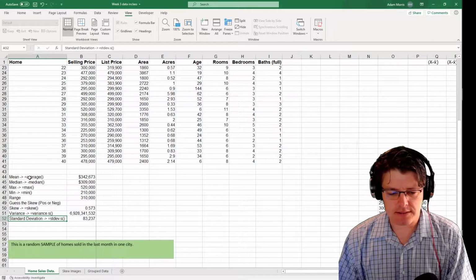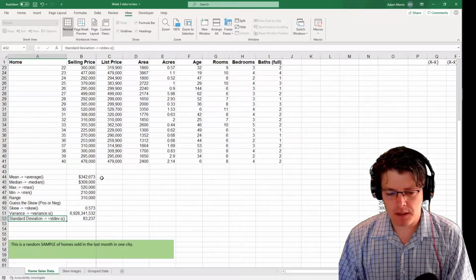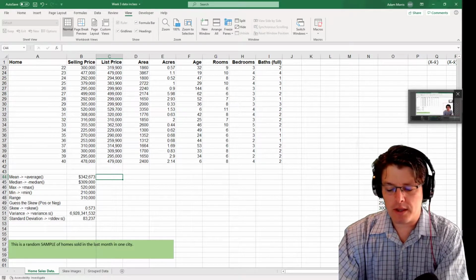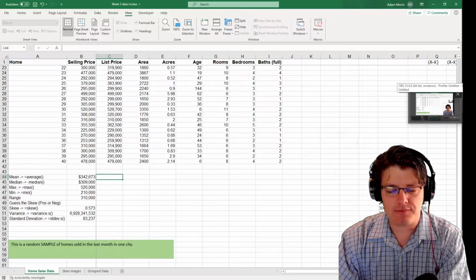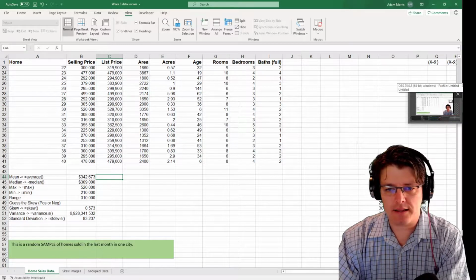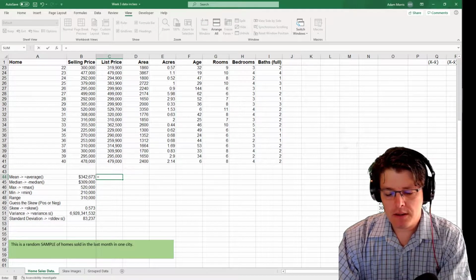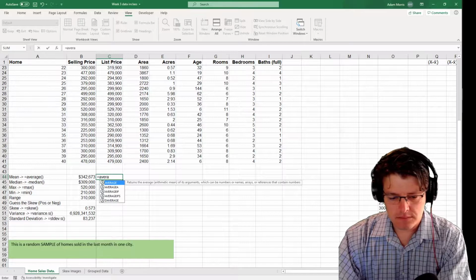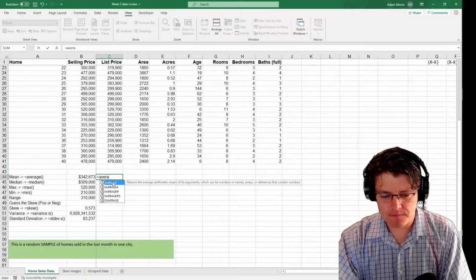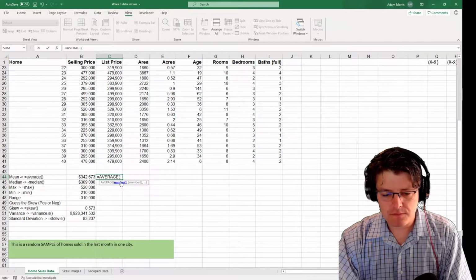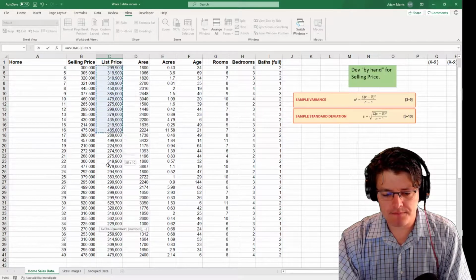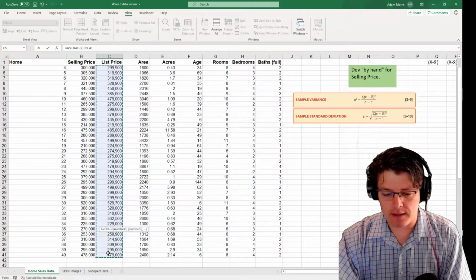You can see that the mean is the average. We can quickly have Excel calculate these rather than having to do it by hand, adding them all up and dividing by n. We can do average, and then I'm going to grab the data, and that quickly calculates the mean for me.